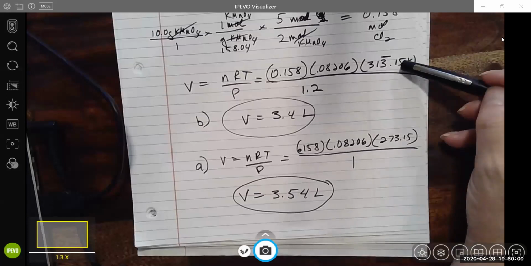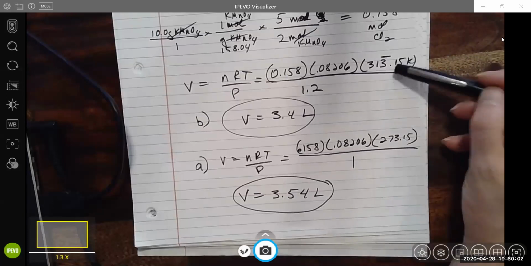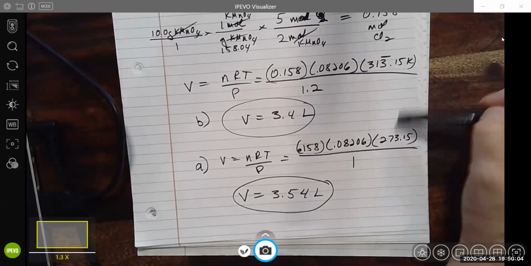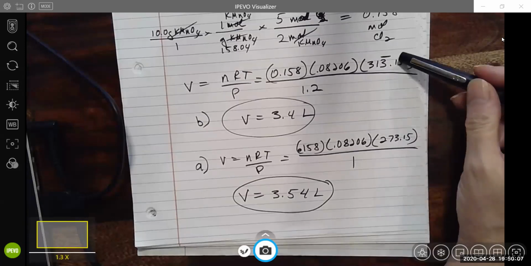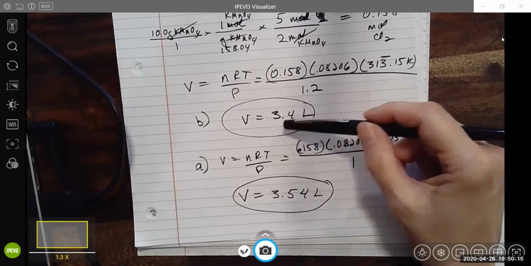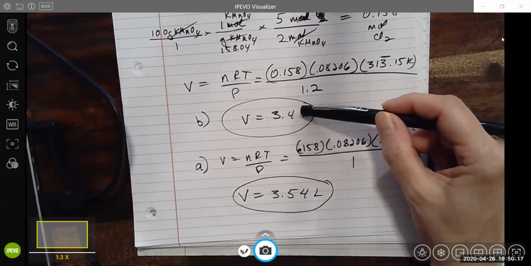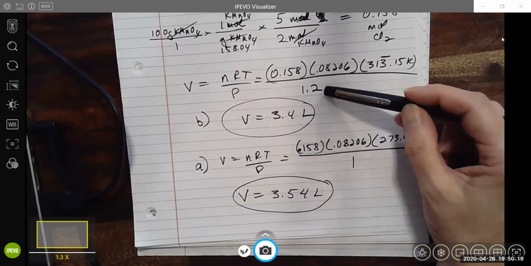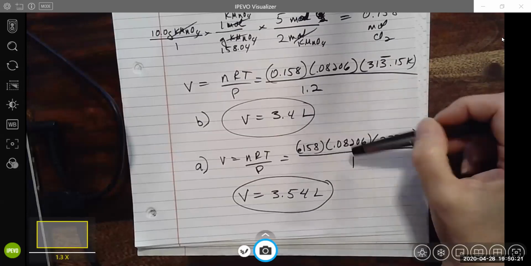Over here, the temperature was higher than here, pretty high compared to this. Temperature usually has the effect of making a gas expand. If you warm it up, it's going to expand. So we have a lower volume here, though it should have expanded, but there's another effect in that we're also changing the pressure.